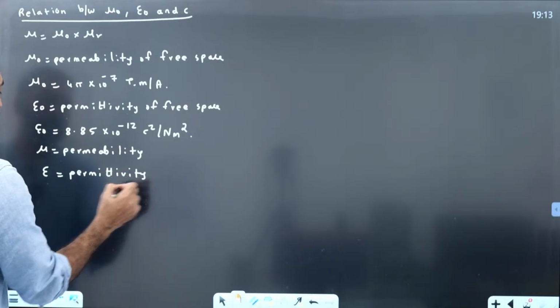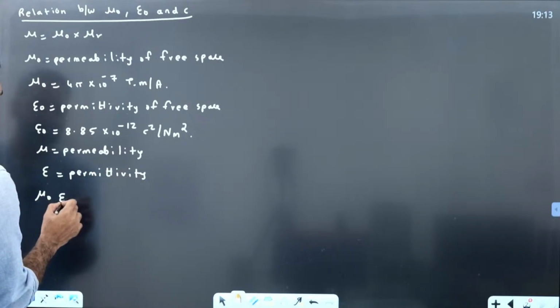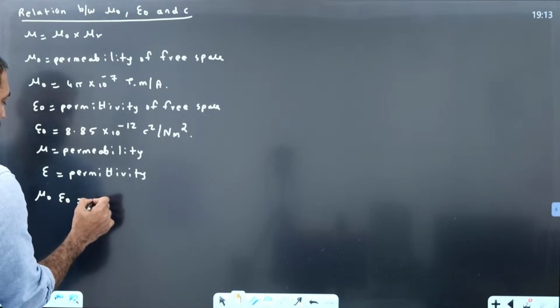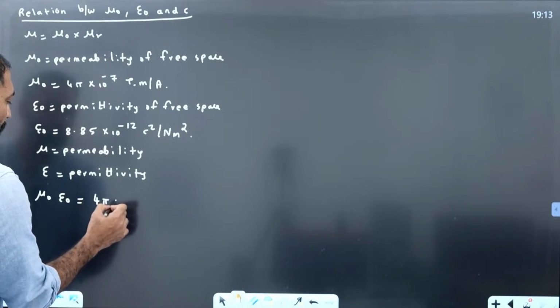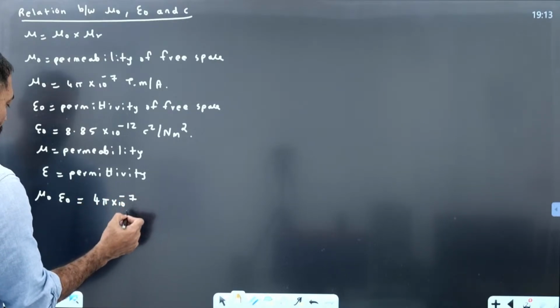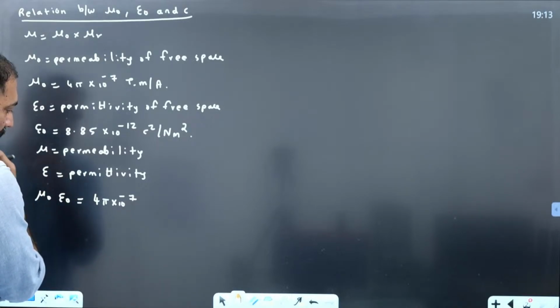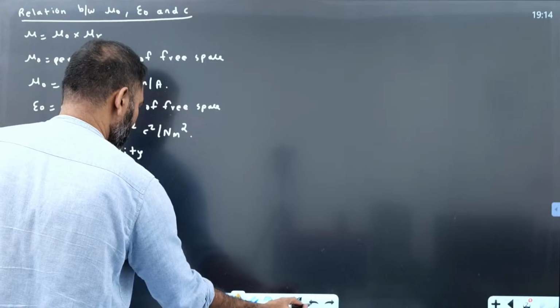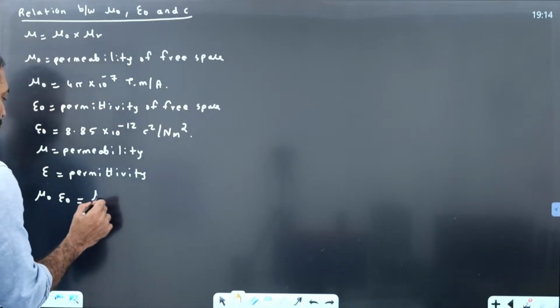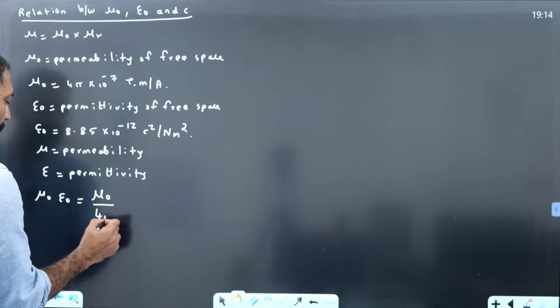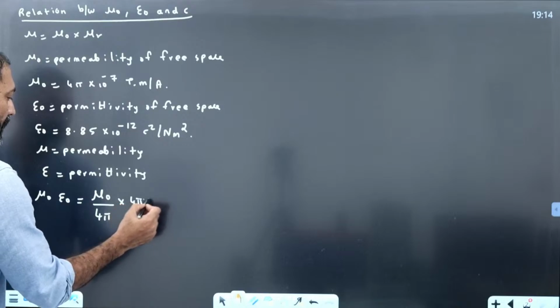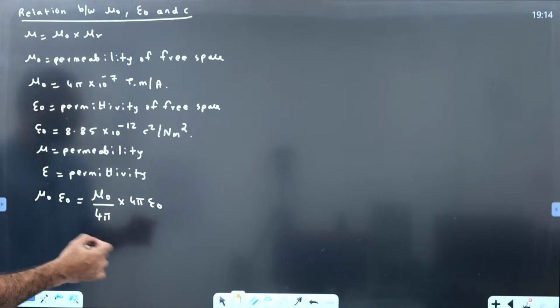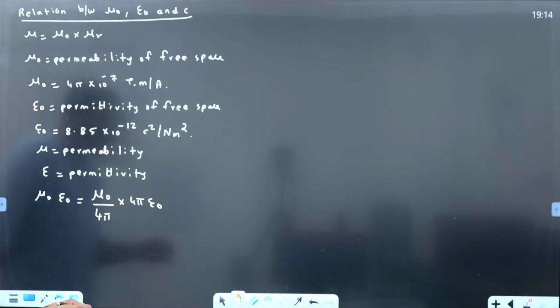Now remember, I'm multiplying mu 0 with epsilon 0. Mu 0 is 4 pi into 10 raised to minus 7. Mu 0 epsilon 0 can be written as mu 0 by 4 pi into 4 pi epsilon naught. If you cancel 4 pi, you will get the same equation only.